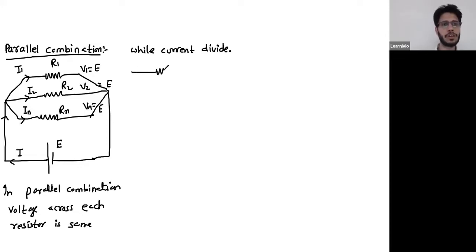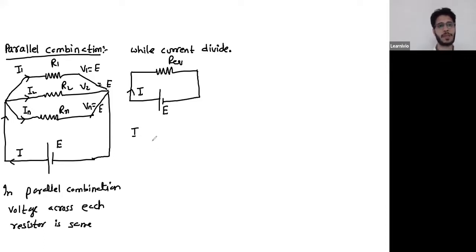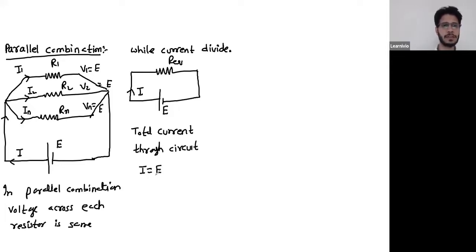So we can replace all these resistors with a single resistor. Say the resistance is R equivalent, EMF is E, so the total current through the circuit can be written as I equal to E by R equivalent. That's the total current through the circuit.